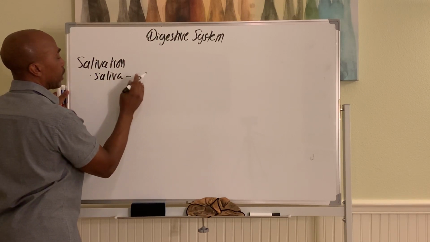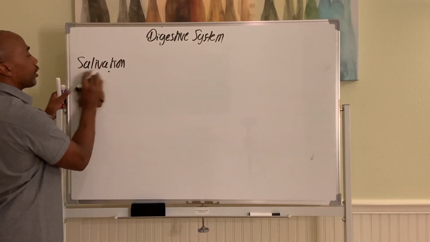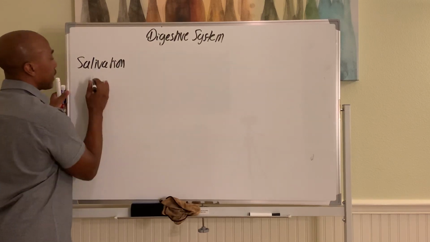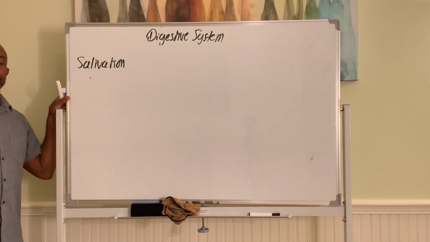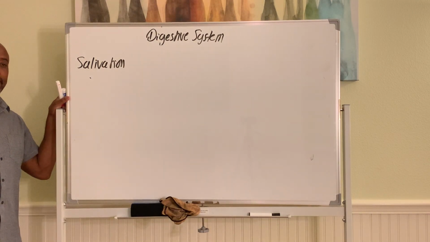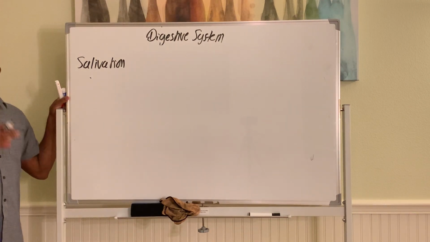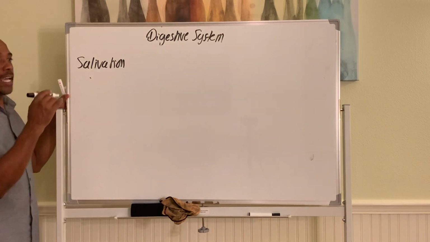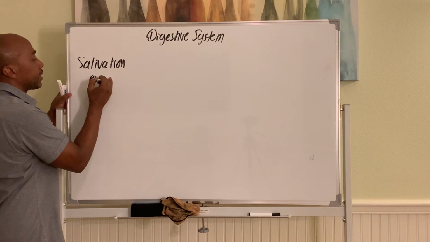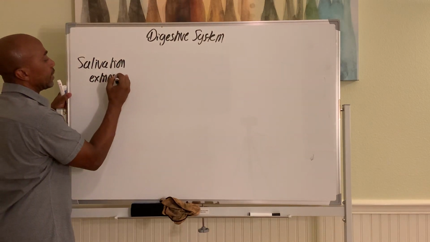Before we even get there, saliva is produced by two sets of glands. You have your intrinsic salivary glands, which always keep the mouth moist, okay? And then you have the extrinsic ones. So we look at the extrinsic salivary glands.